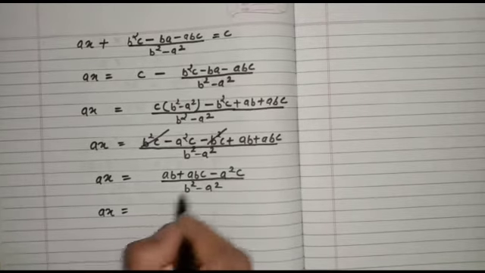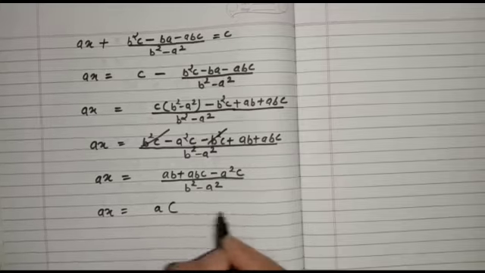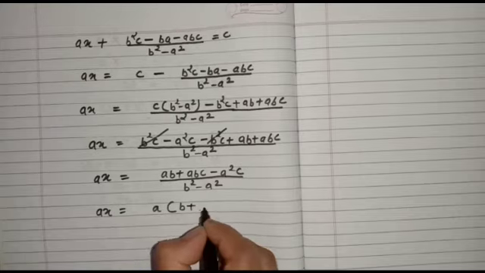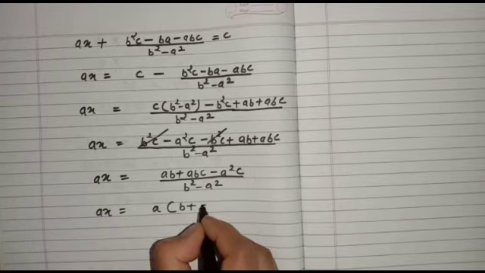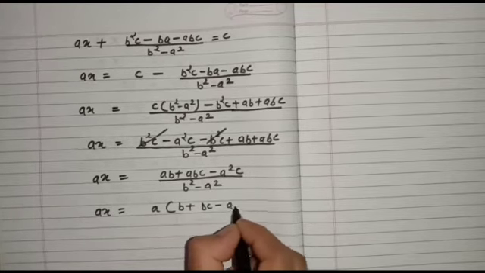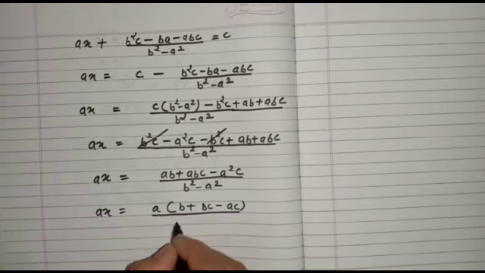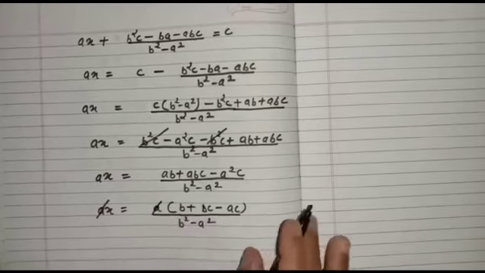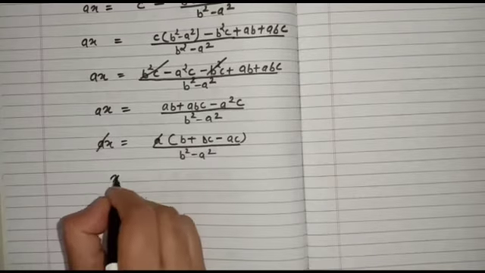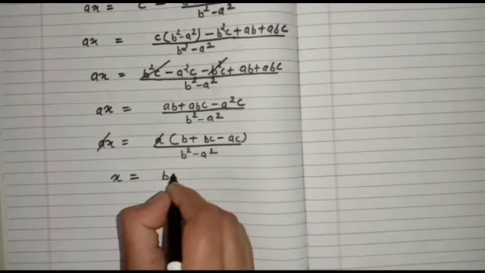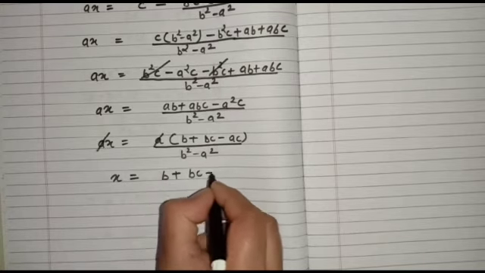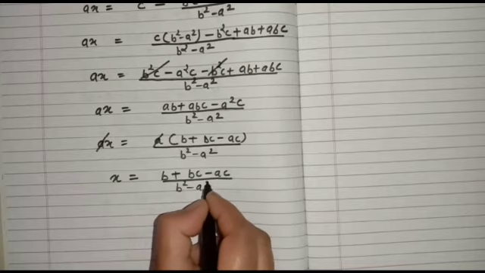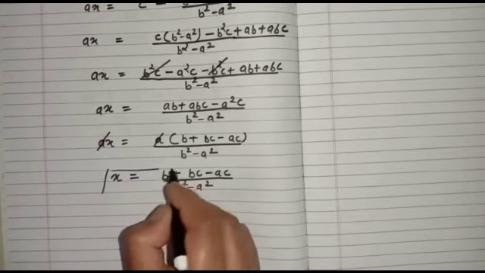Now we can take a common from the numerator, then we will write the remaining terms in the bracket, whole divided by b square minus a square. This a cancels with this a and we will get the value of x equals b plus bc minus ac upon b square minus a square. This is the value of x.